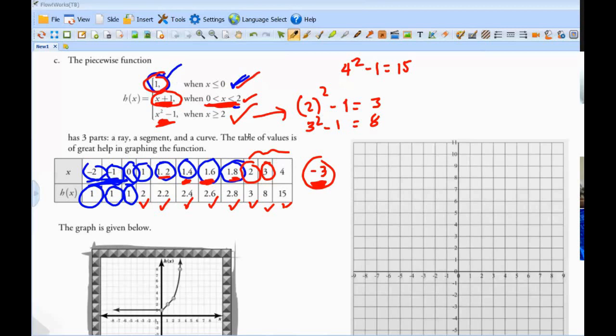Okay, what about if I use 1.5? Justin, where is it located? What is the value of the function if x is 1.5? Is it less than 0? It is 0 to 2.